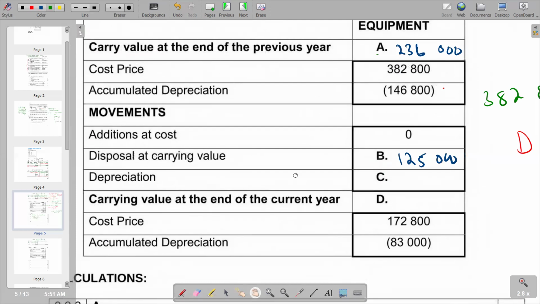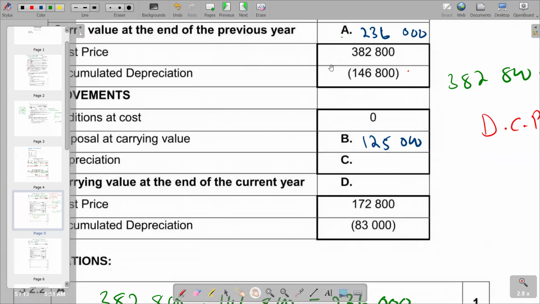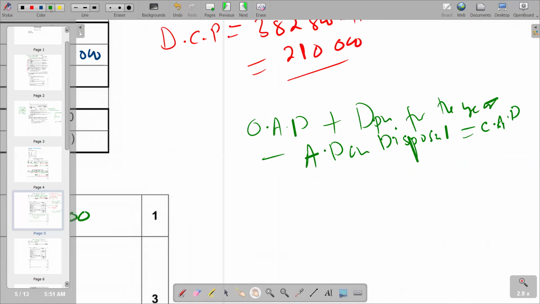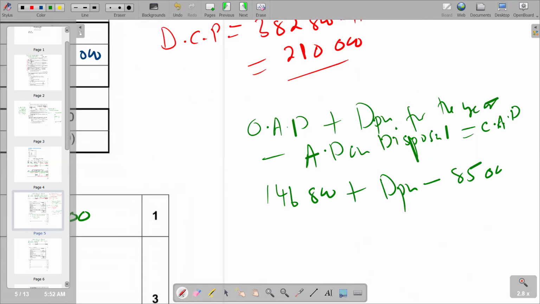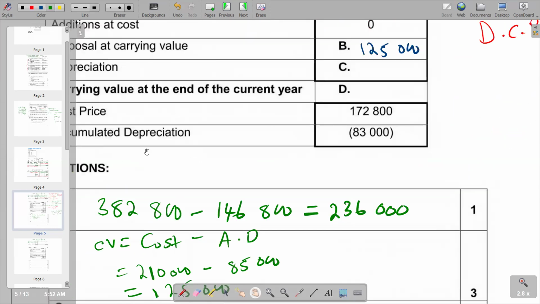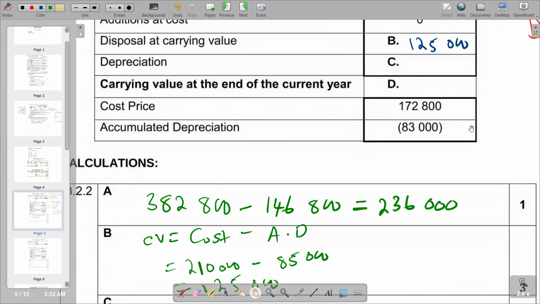So we put that down: 146,800 plus depreciation for the year, which is the one we are looking for, minus accumulated depreciation for the disposed non-current asset, which is 85,000, and you get accumulated depreciation at the end, which is 83,000.